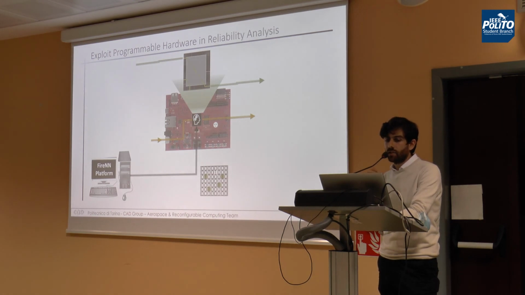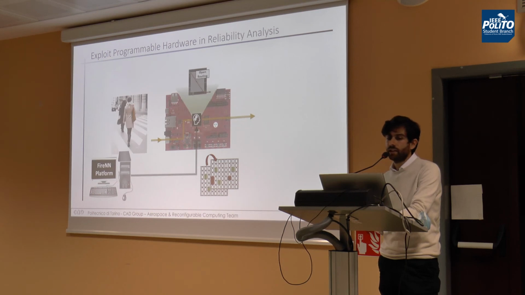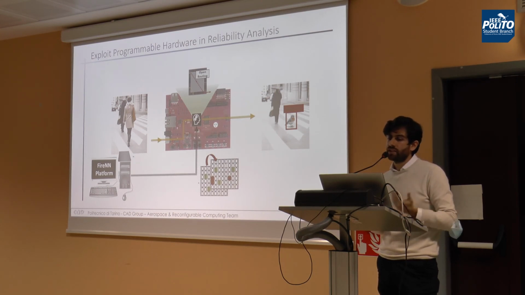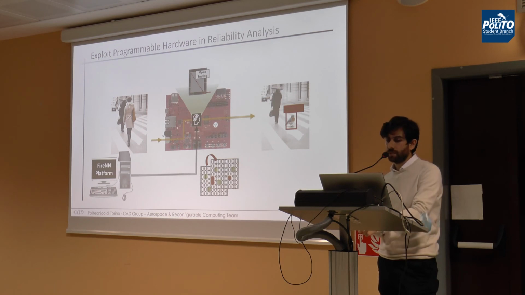Then with the platform I can access the configuration memory and change it to insert a specific fault on purpose, so that I emulate the effect of a fault in the hardware. And then I can test the input of the system again, obtaining something that is different. And so I can understand the behavior of the system with some specific faults.